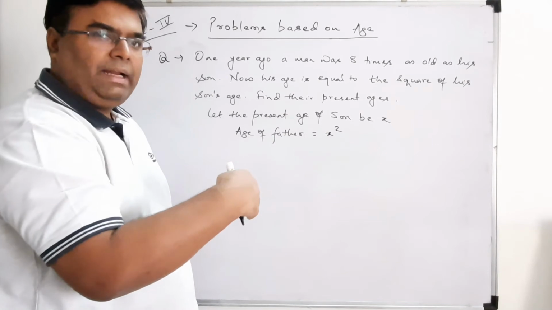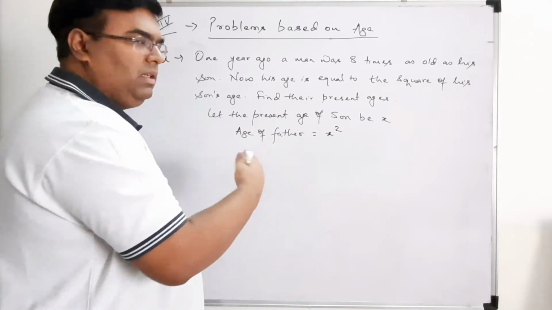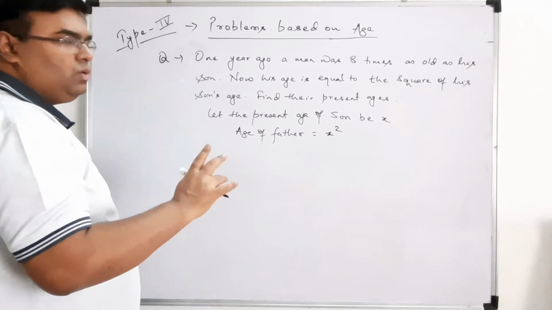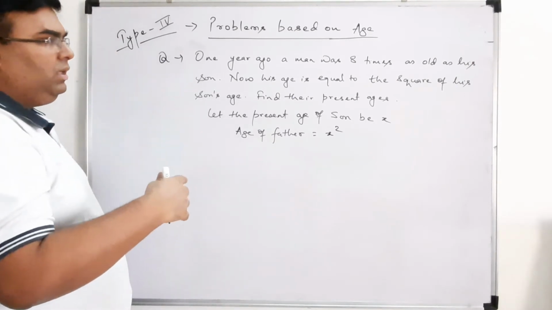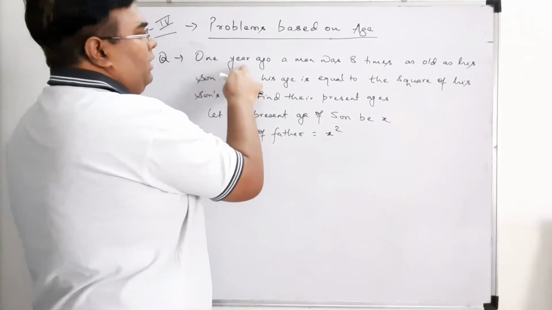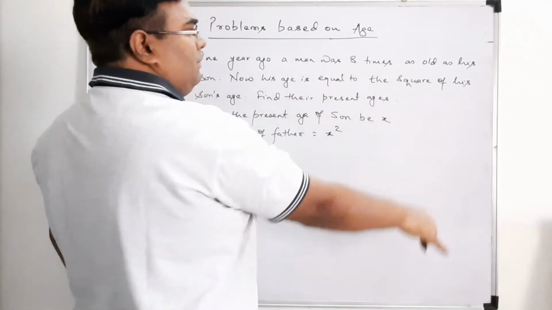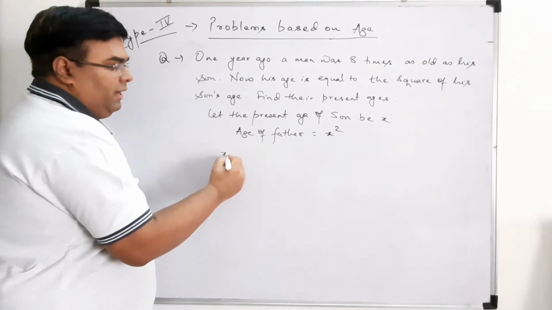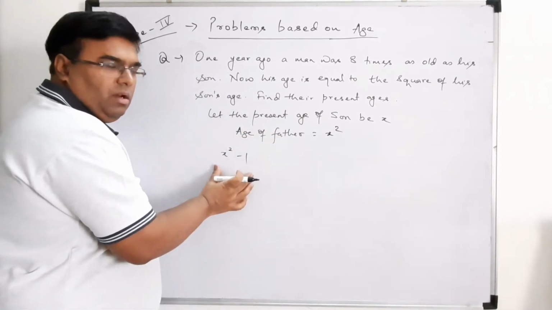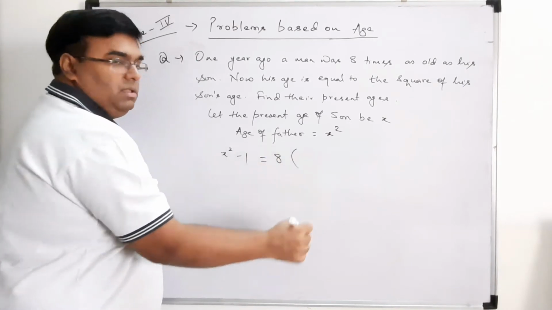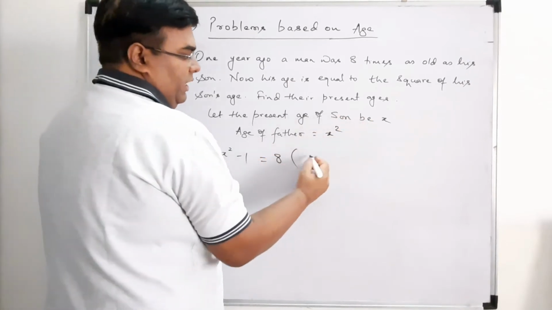It will be x minus 1, and father's age will be x square minus 1. We reduce 1 year from both the ages, and as per the condition, 1 year ago a man was 8 times as old as his son. So my equation will be x square minus 1, which is the father's age 1 year ago, is 8 times the son's age.